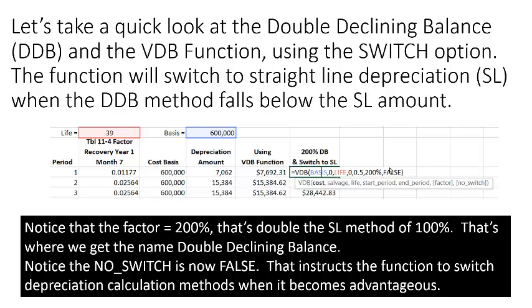All right. So notice that I have the factor as 200%. So that's double the straight line method of 100%. That's where we get the name double declining balance. Notice the no switch is now set to false. All right, that instructs the function to switch the depreciation calculation method when it becomes advantageous.